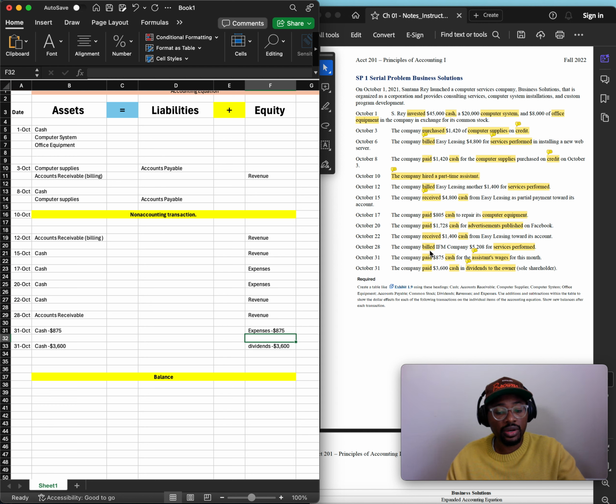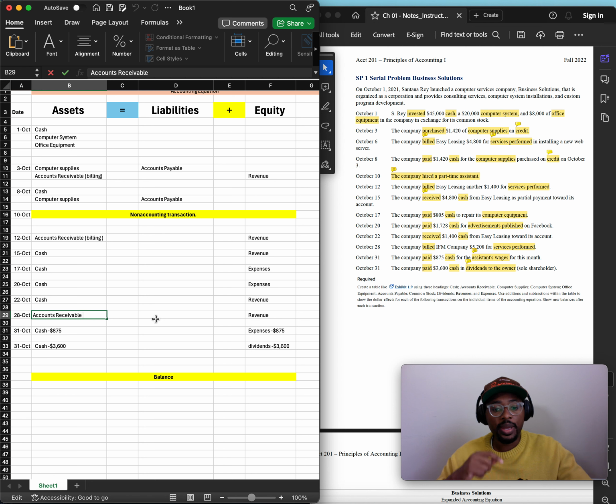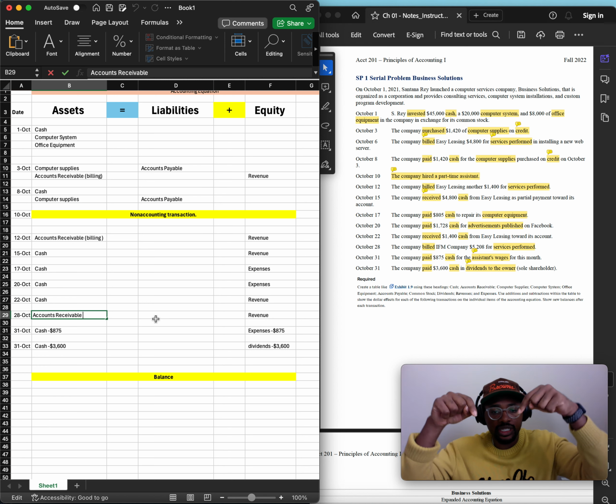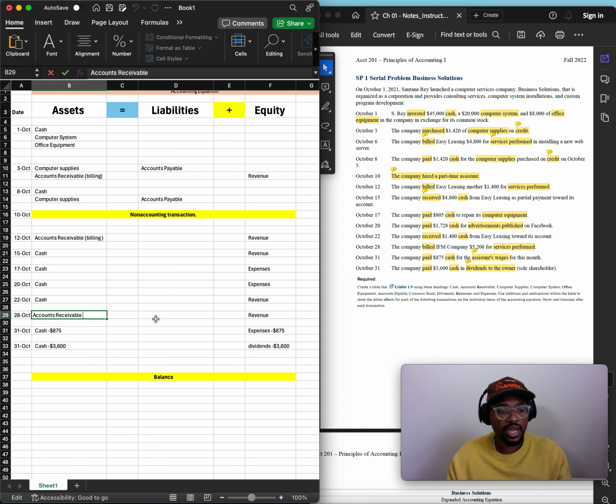The company billed this company $5,208 for services performed. So think about it. We are billing somebody. Is that going to increase our assets, what we own, or is it going to decrease what we own? Go ahead and put that in the chat. Is it going to increase our asset, or is it going to decrease our asset? Yep, you got it.